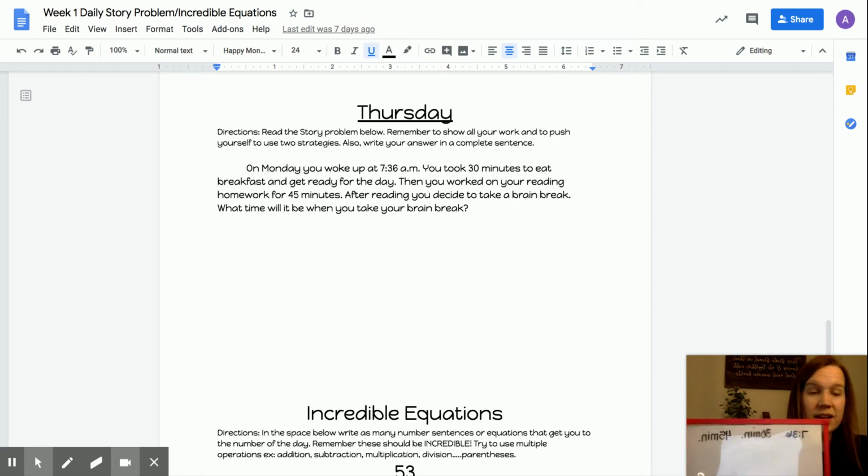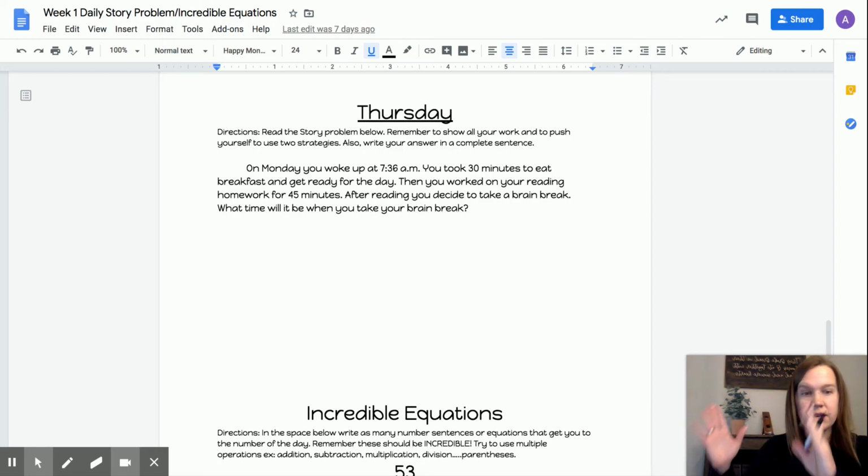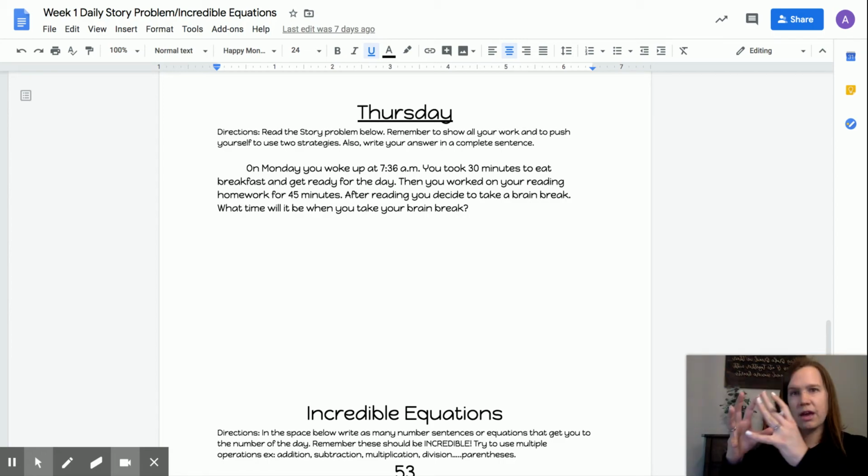For me, I think it's going to be easiest if I add the two times together. So I'm going to add my 30 minutes and my 45 minutes. I'm going to put those together, and then I'm going to use that amount and go back to my start time and kind of work through a clock. All right, so this is what I'm going to do.